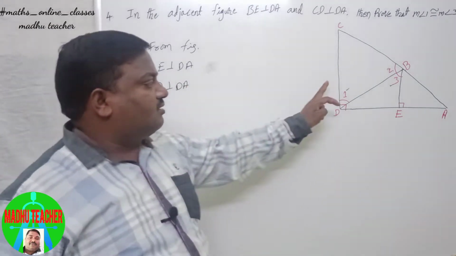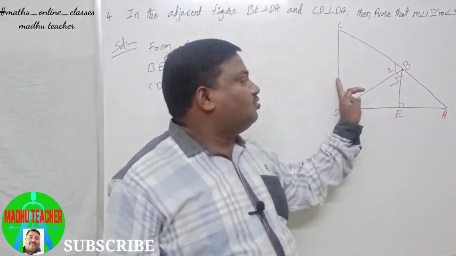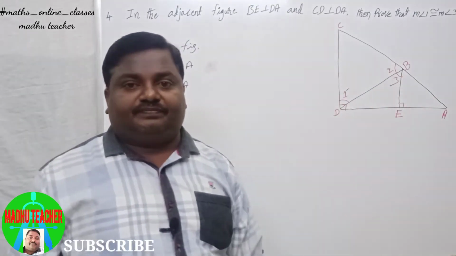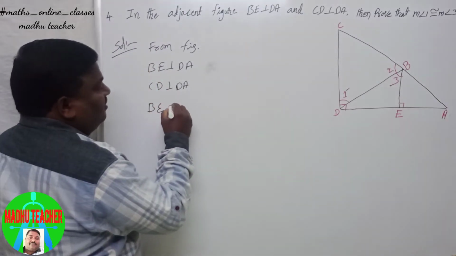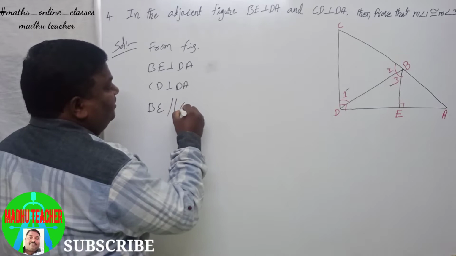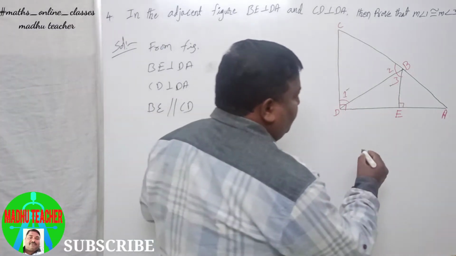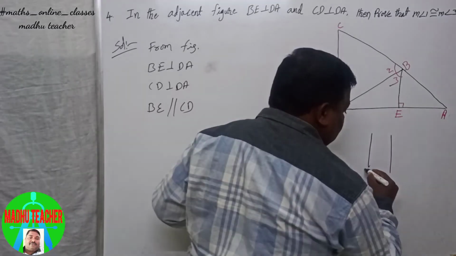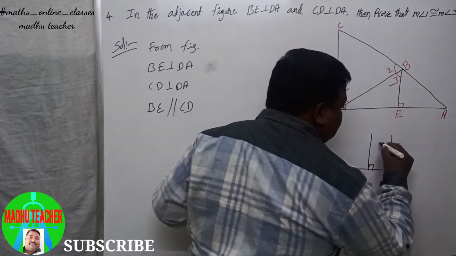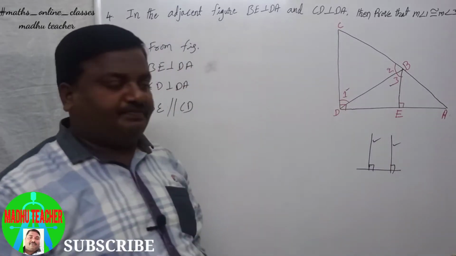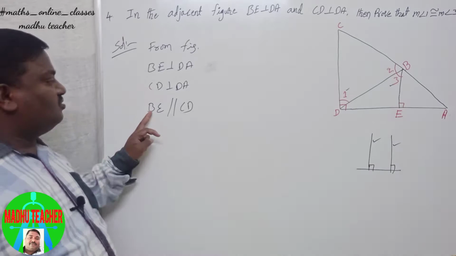If two lines are perpendicular to another line, then the two lines are parallel. Therefore, BE is parallel to CD.